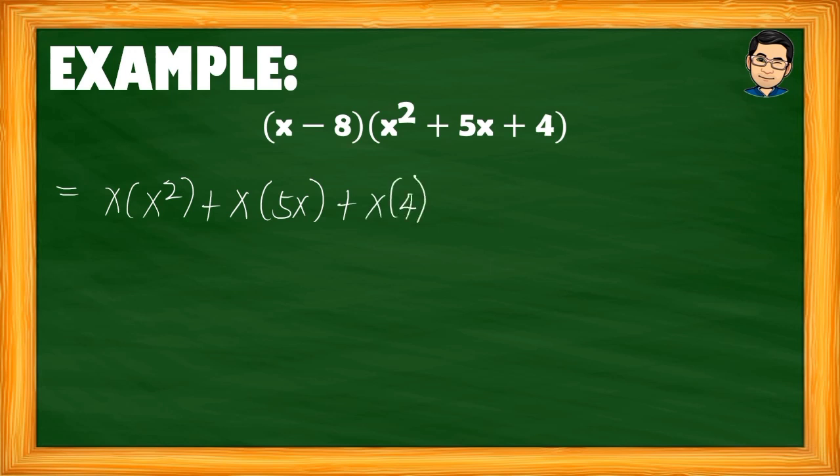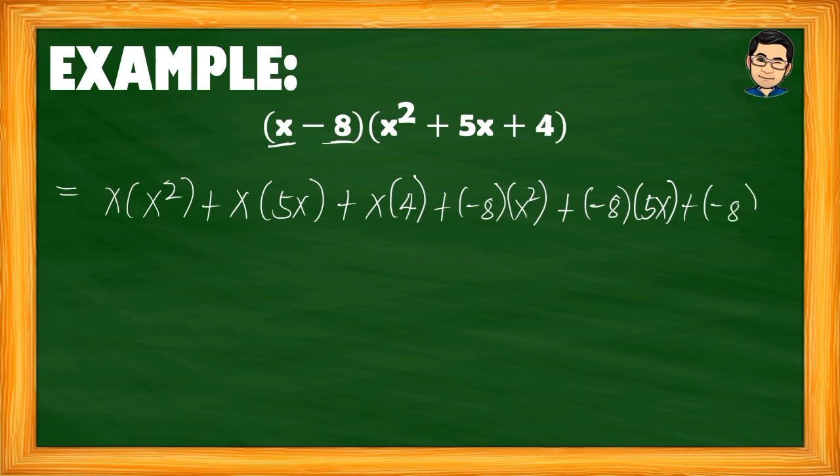So ayun, tapos na po tayo sa x. And then negative 8 naman. So plus negative 8 times x squared plus negative 8 times 5x plus negative 8 times 4. So, ayan. Simplify lang natin yan.